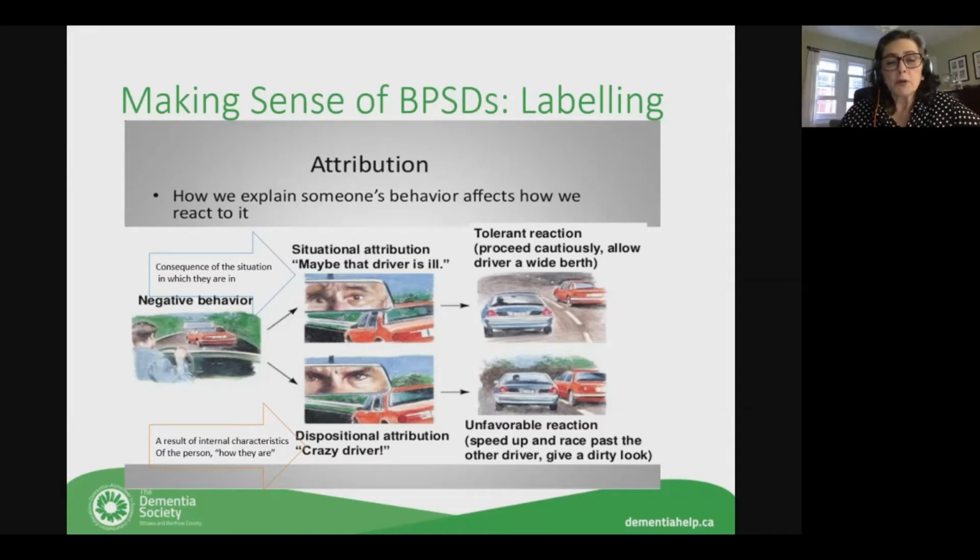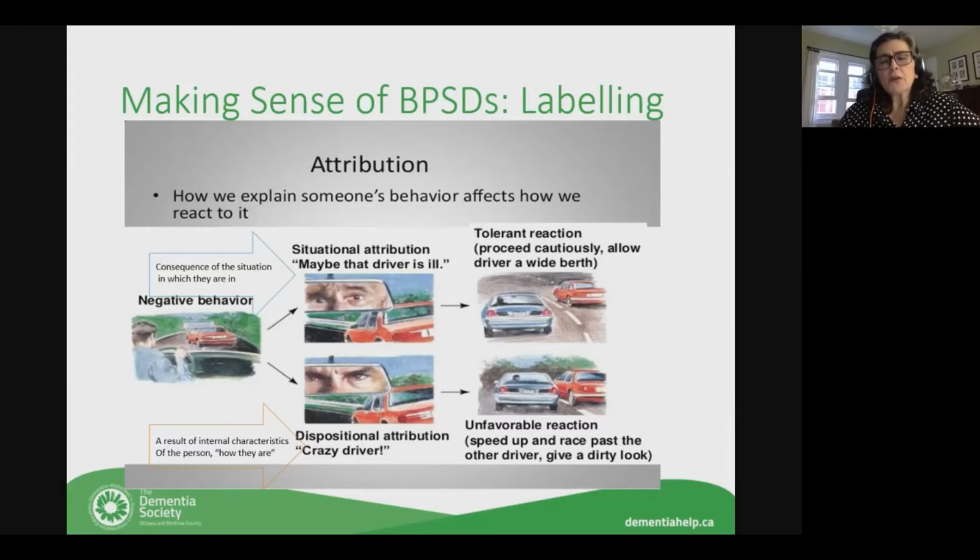So if we think about attribution, one of the things that we are trying to work with is, okay, what is it in my own response that is going to create the best response in the individual? When I am responding to difficult behavior in a person with dementia, what I attribute the behavior to is going to make a difference in terms of how I respond to it.